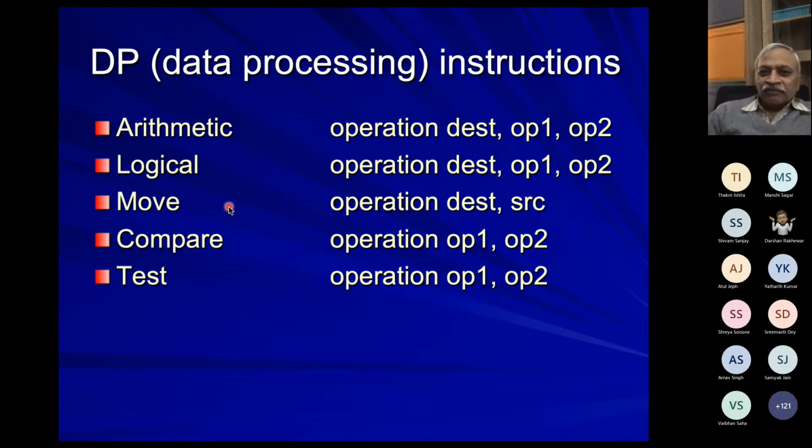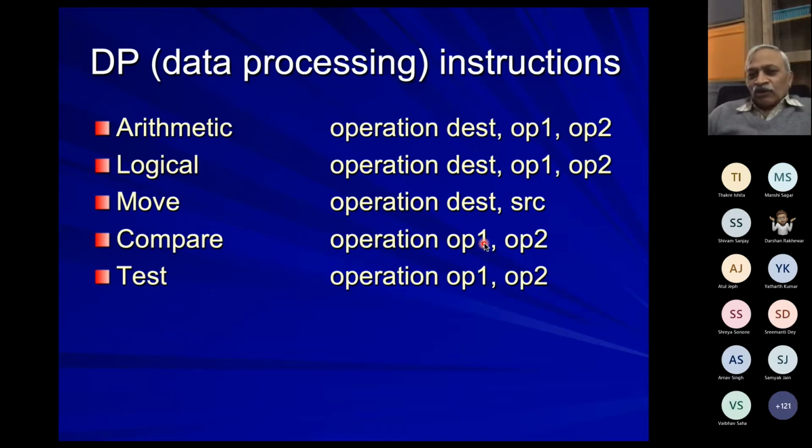Move instructions have one destination and one source. Then there are compare and test instructions where you have no destination but two operands. We have seen an example of that. When you compare two registers, we are not putting the result in another register. So where does the result go?